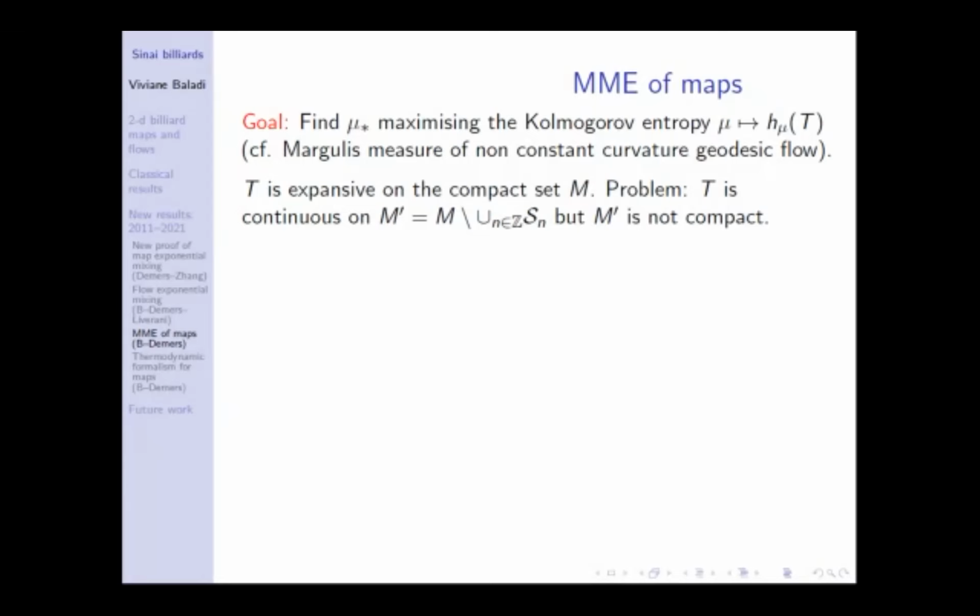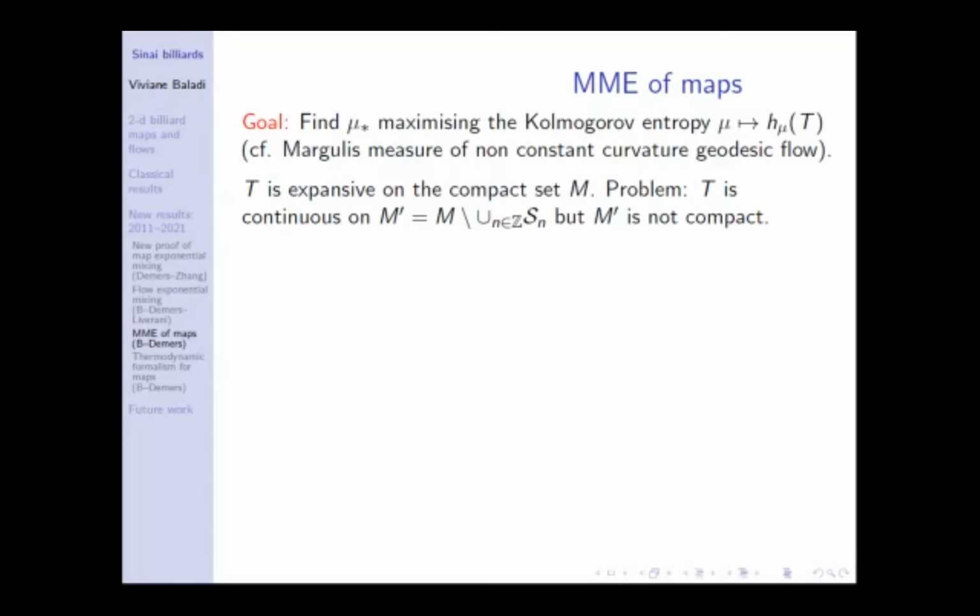So the first reaction that people have is they say, no, but the dynamics is hyperbolic, it's expansive, so it should be trivial, right? The problem is that people are used to thinking of continuous dynamics, and the billiard is only continuous if you remove this countable union of curves, which is dense, and the manifold without this countable union of curves is of course not compact, right?